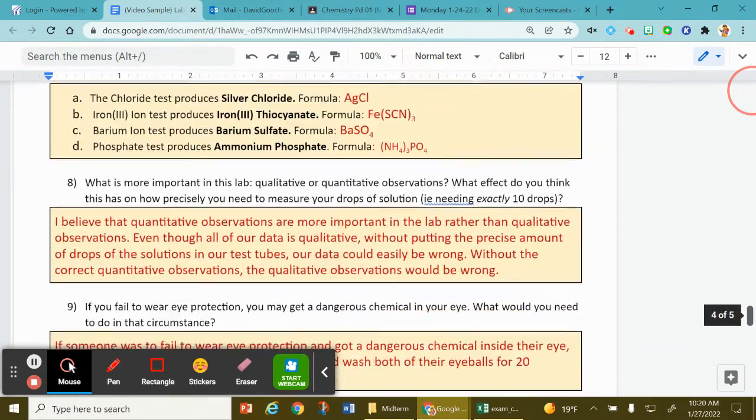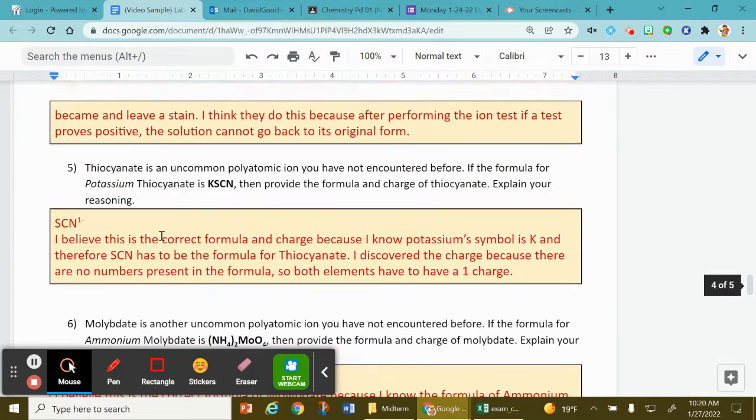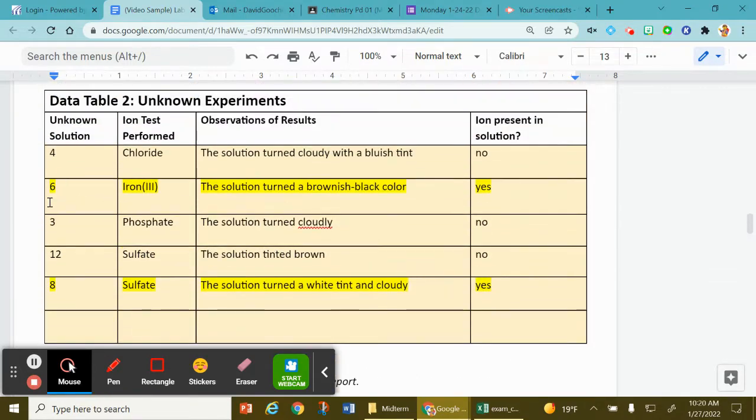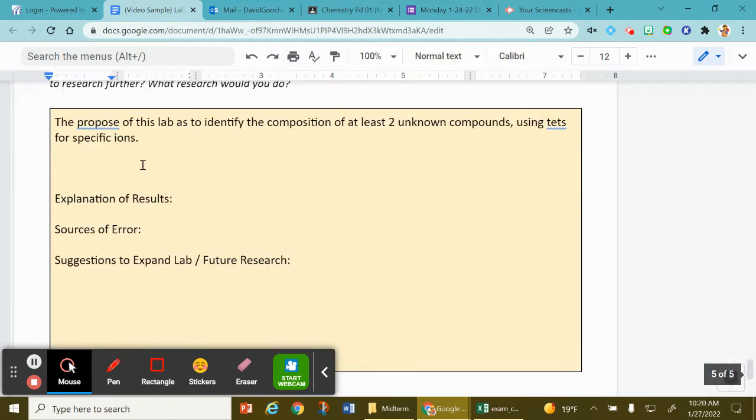Which means that the next part is really easy. What are the results? Well, in this case, the results were simple. Unknown 6 tested positive for the presence of iron 3 ions, and unknown 8 tested positive for the presence of sulfate. So I'm just going to write that down here.